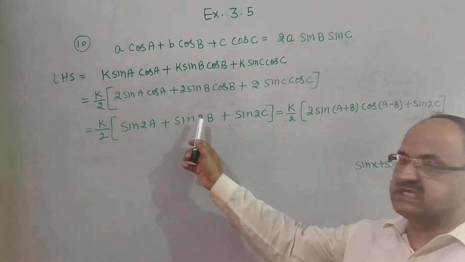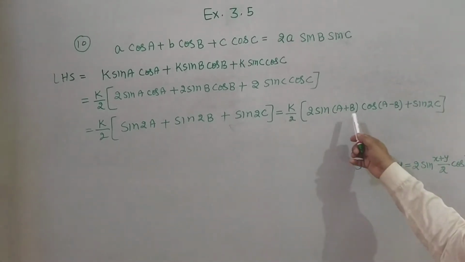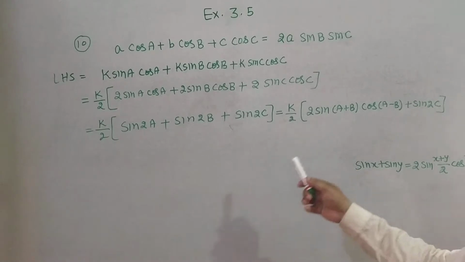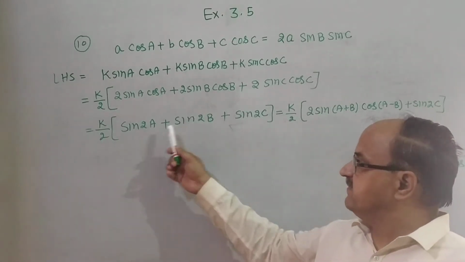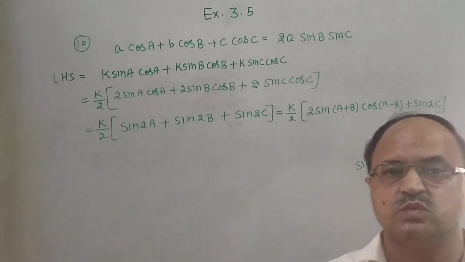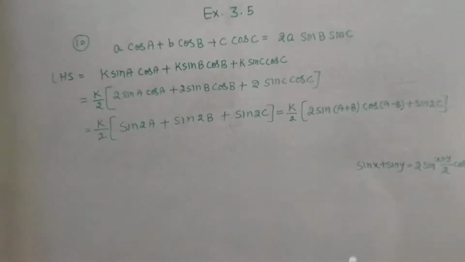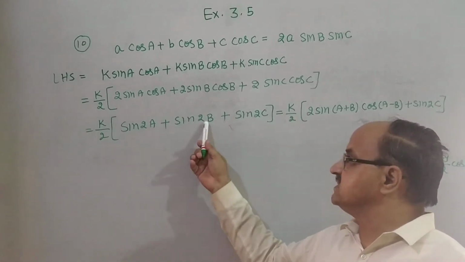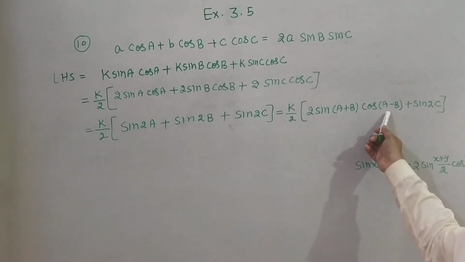Sin x plus sin y according to this formula is 2 sin (x plus y)/2, that is (2A plus 2B) divided by 2. After simplification, the angle is A plus B. And x minus y divided by 2 is A minus B.